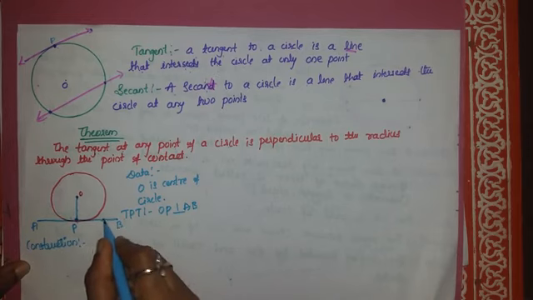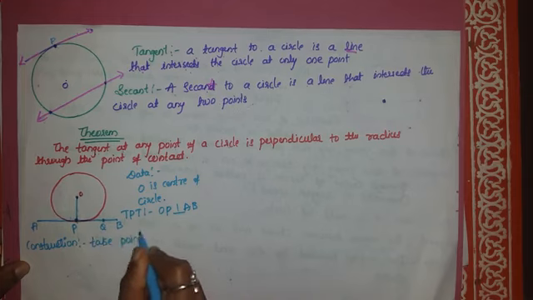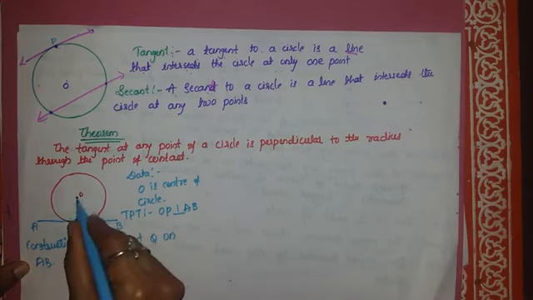So here I take point Q on AB. Then join OQ.